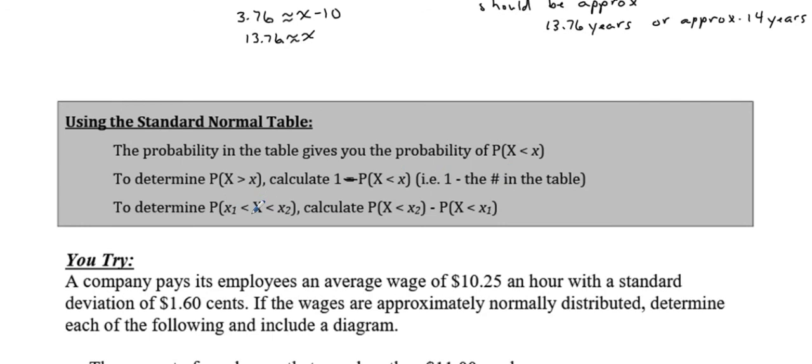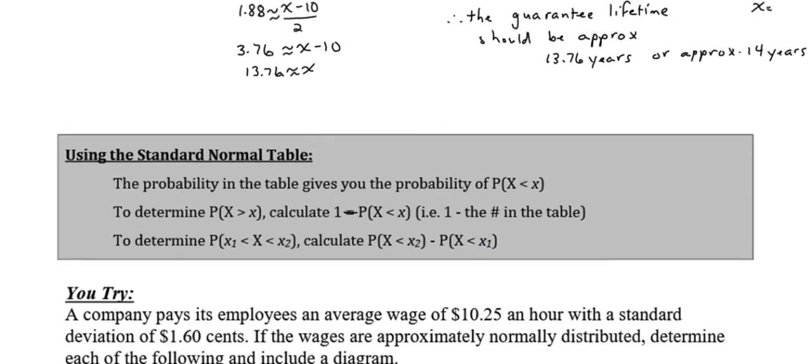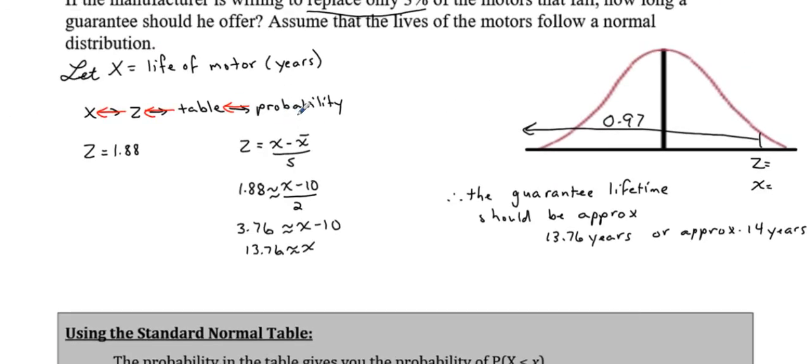And if you're trying to find the probability that your random variable is between two numbers, you take the probability of being less than the bigger number and subtract the probability of being less than the smaller number. And then to go backwards, as we said up here, you take your probability, look in the table, get the z-score from the table, and from the z-score you can use the z-score formula to solve for x.